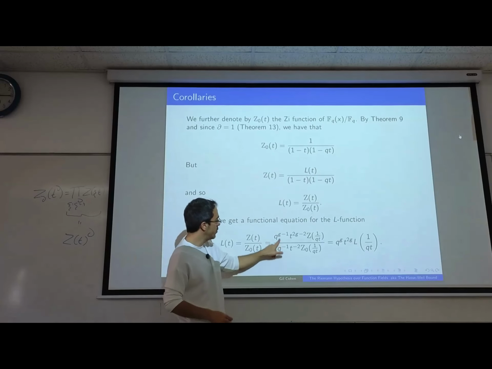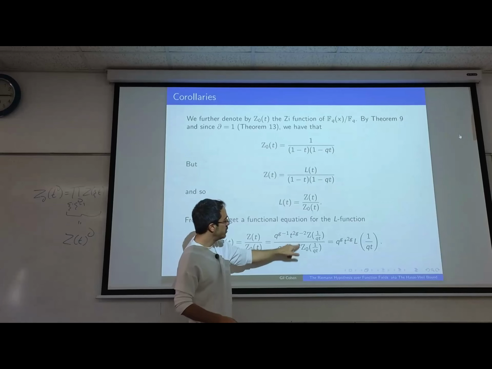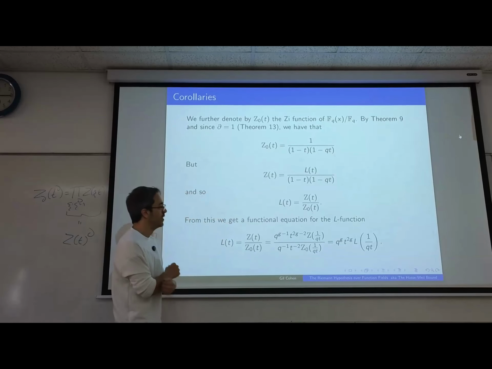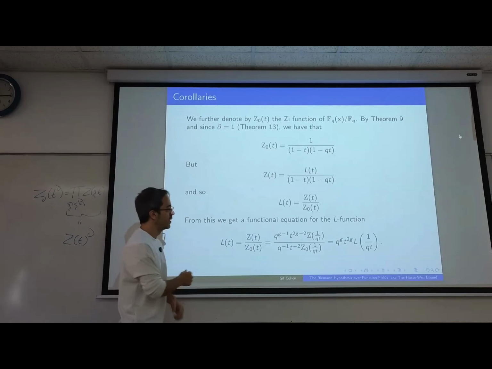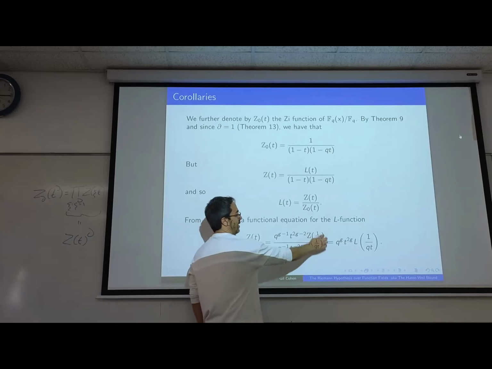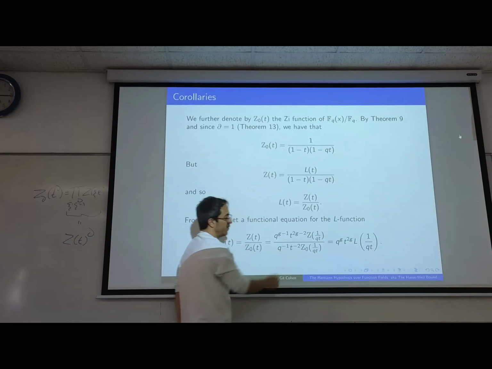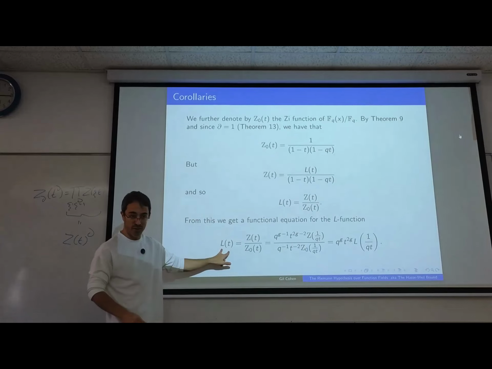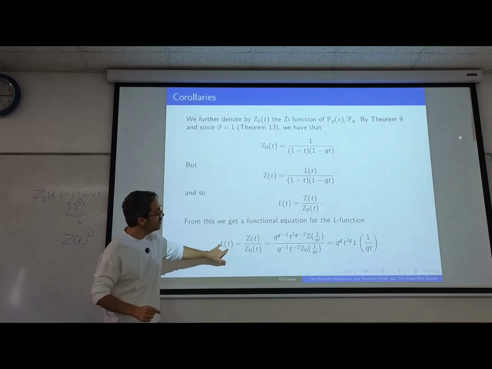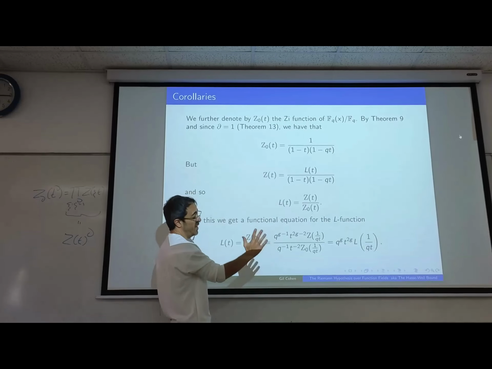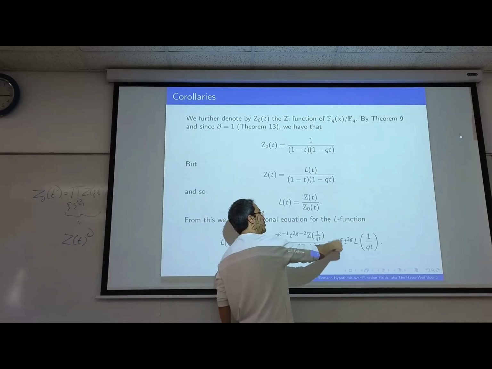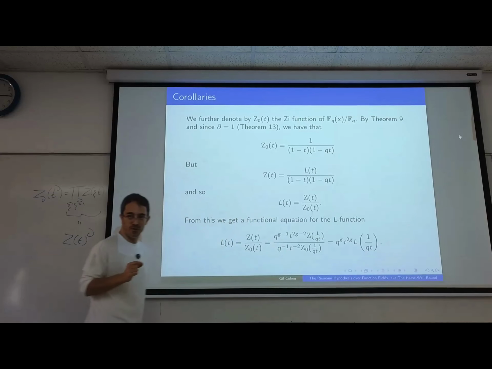So when you plug g equals 0 here, you get q to the minus 1, t to the minus 2, and then Z0 of 1 over qt. And now that's L of 1 over qt. So you see, you get a functional equation for the L function. So L of t, it's actually even nicer, is q to the g, t to the 2g, L of the reciprocal 1 over qt.